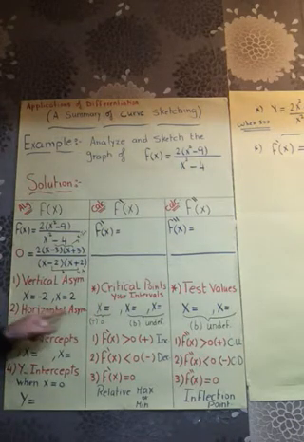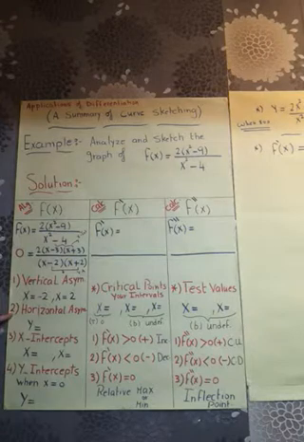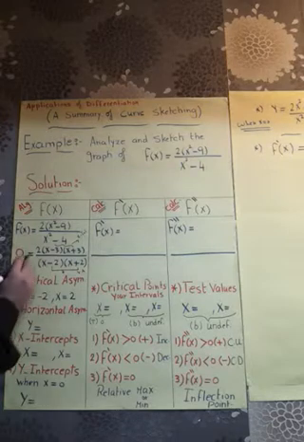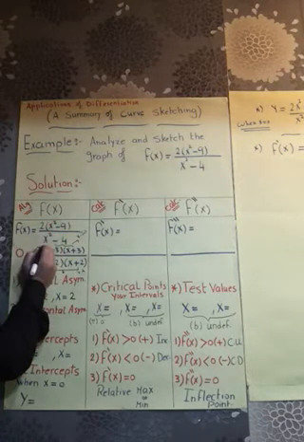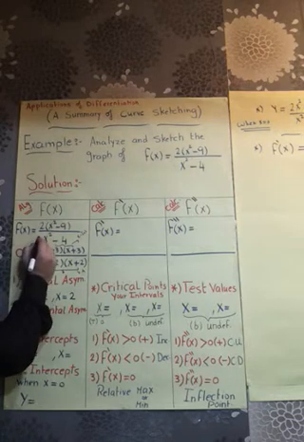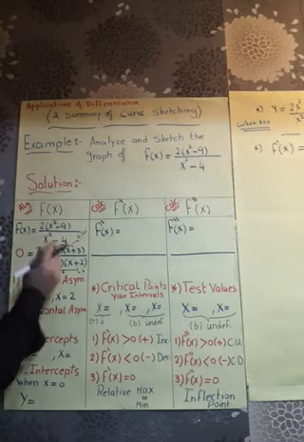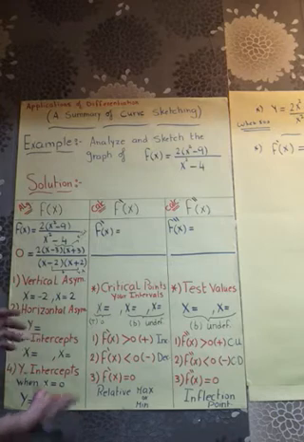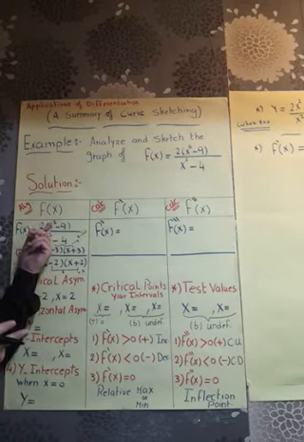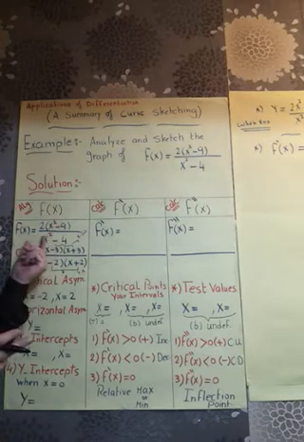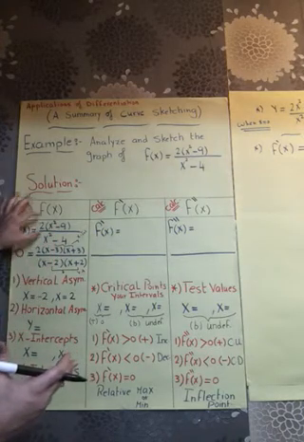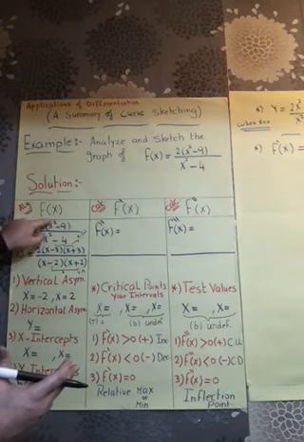Concerning the horizontal asymptotes, which is the second one I have to find, we have a case here: the degree of the top and the bottom is the same. So we use the coefficients, not the variables, of the same degree of the top and the bottom.